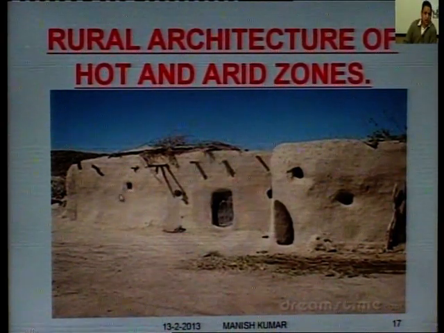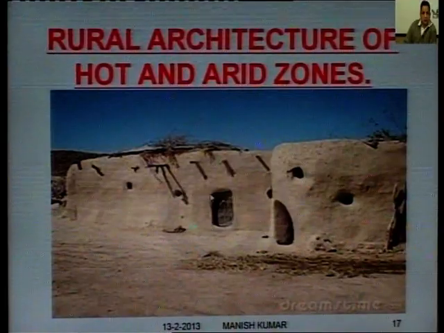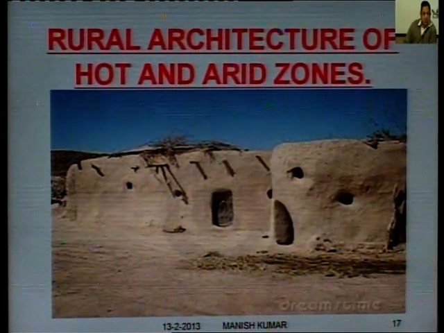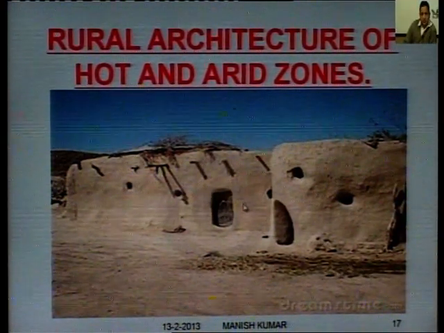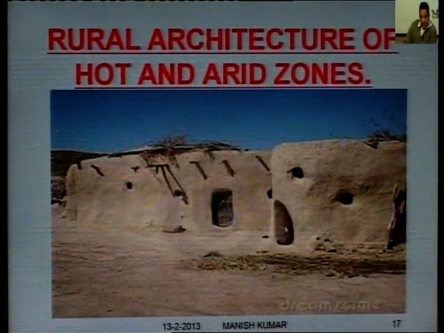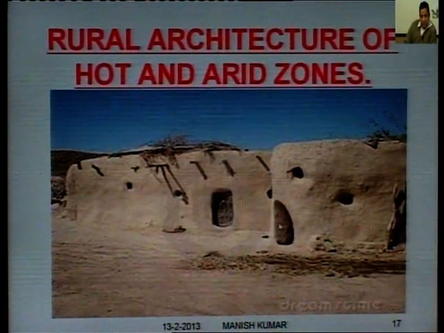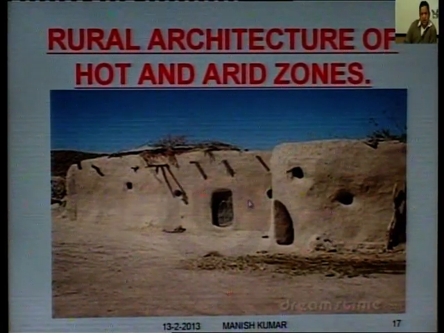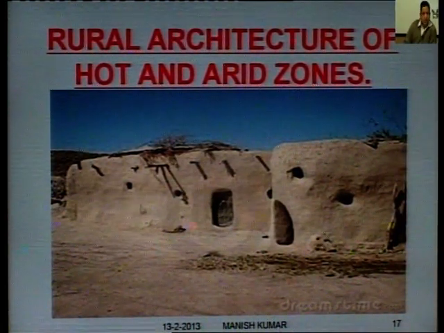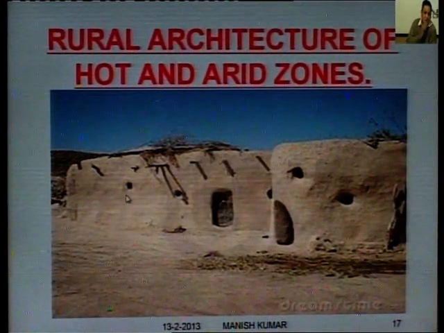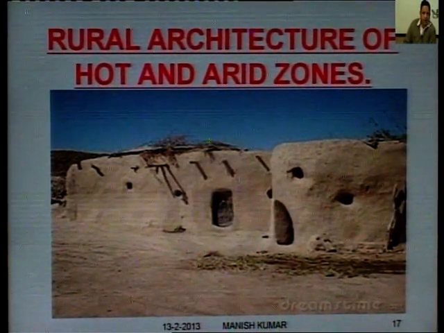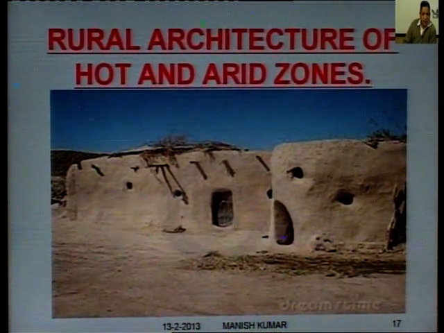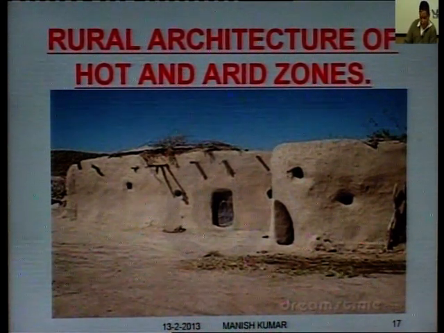We can see one small window. And the outside is light in color. Walls are thicker, we can see here. So this is a typical rural house with some of the elements which protect them from hot and arid climate: thicker walls, smaller openings, light colored exteriors.